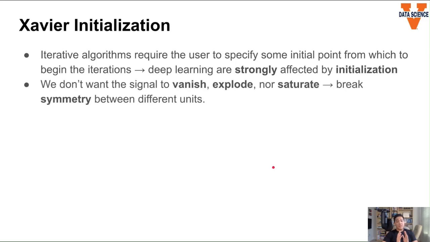We want to initialize the parameters so that the signal won't vanish, explode or saturate, right? So what we should really look into is the symmetry of how the signal passes between different units. If the symmetry is broken and you have a very deep network, eventually it will run into the problem of vanishing or exploding.